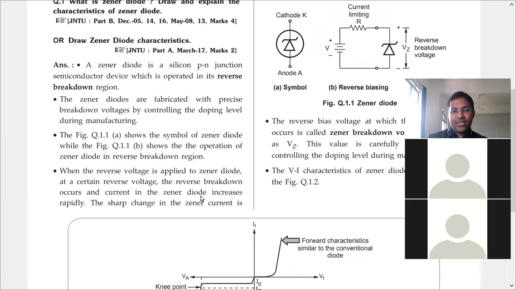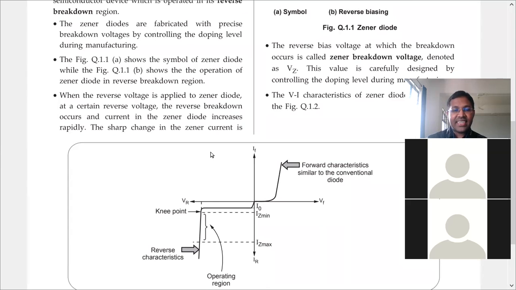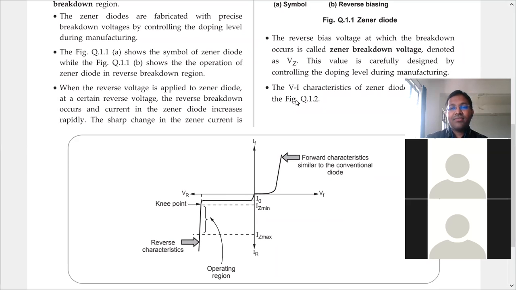Next, the reverse bias voltage at which the breakdown occurs is called the Zener breakdown voltage, denoted as Vz. See this voltage, this point, this is the Vz. And we have seen how to control Vz by controlling doping.